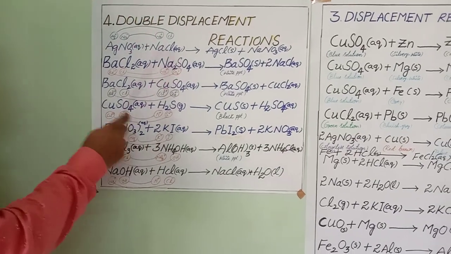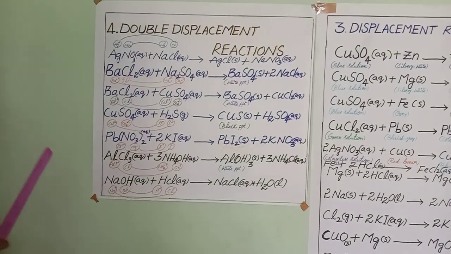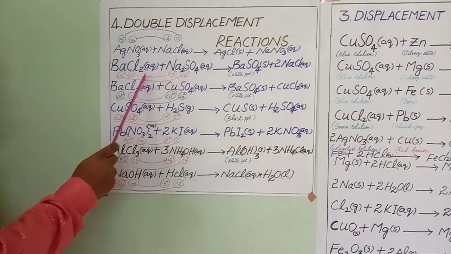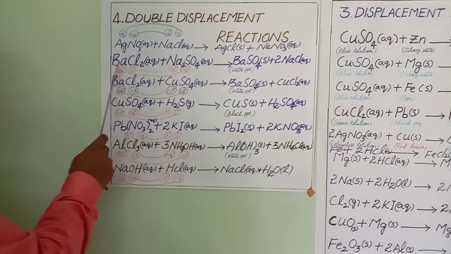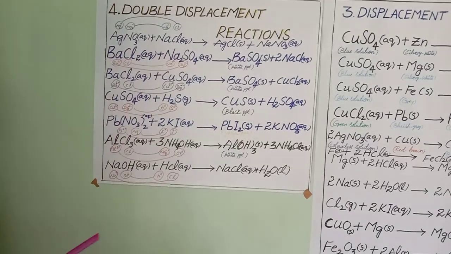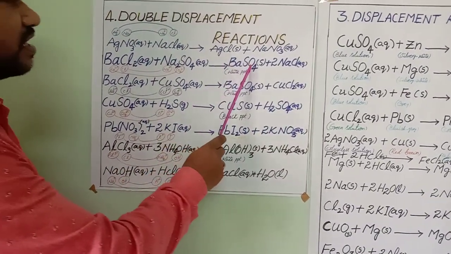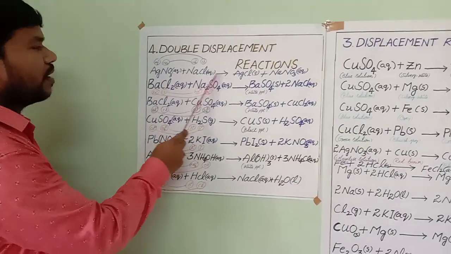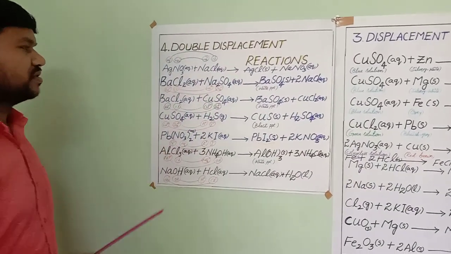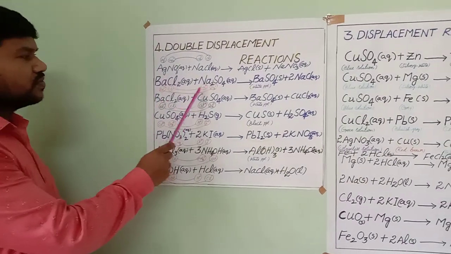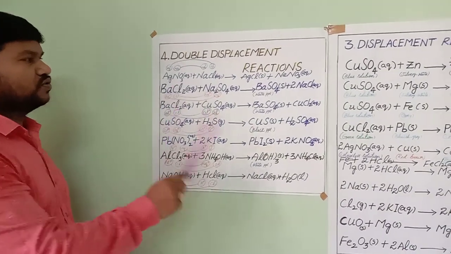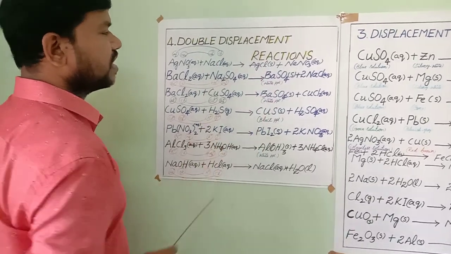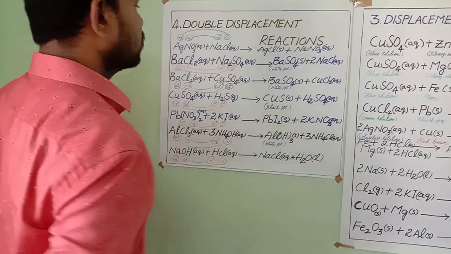When these two solutions are mixed together and mutually exchange their ions, Na+ combines with chloride ion and Ba2+ combines with sulfate ion to form barium sulfate and sodium chloride. Here we have taken two compounds, and when mixed together, they mutually exchange their ions to form two new compounds, barium sulfate and sodium chloride.